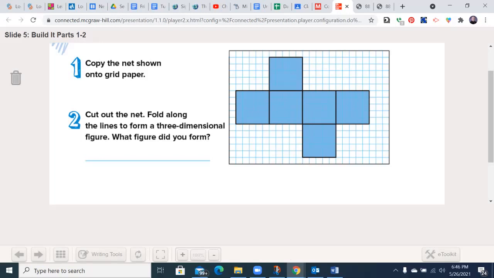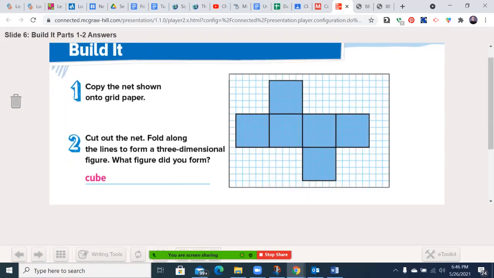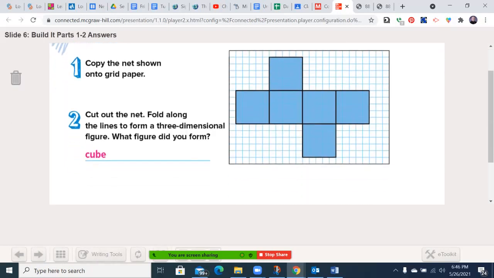Let me go ahead and pause the video now. And welcome back. Let's see how you did. And it was a cube. You can look at it and probably know you had 5 by 5.